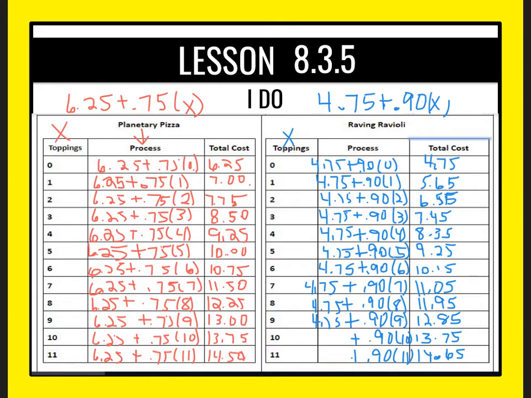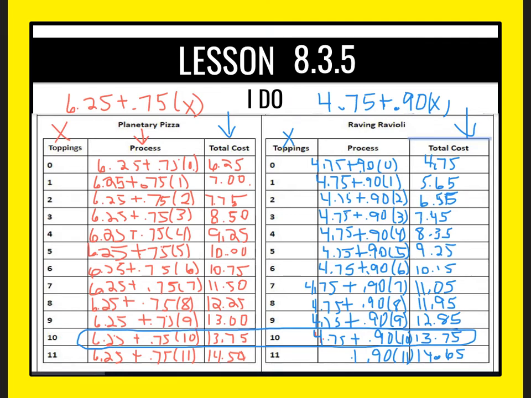Okay, so if you begin to look at your pattern here, at what point do you see that it doesn't matter if I go to Planetary Pizza or Raving Ravioli, they cost the same? So I notice that I see the cost exactly the same. When I'm looking now at my total cost, I can see that at 10 toppings, they are costing the exact same amount.